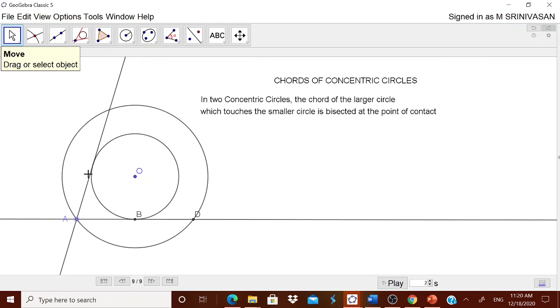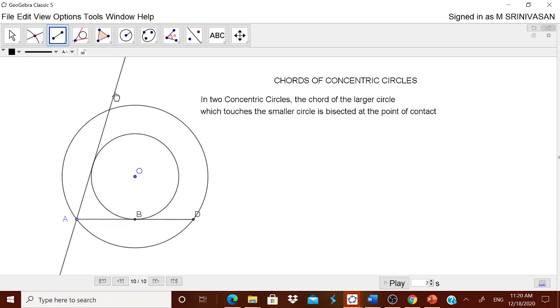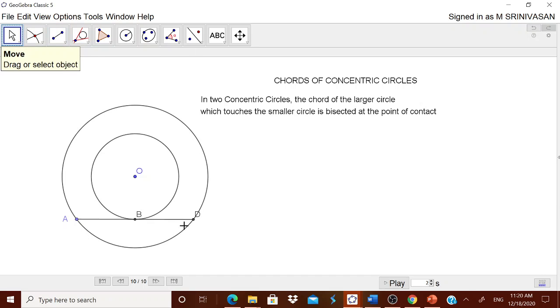Now I will draw one segment, the segment from A going to D. Well, now I can remove this line. Now show the object. I think C also can be shown. Anyway, whatever the way it is, A, B, D is there. Now you can have this C also.